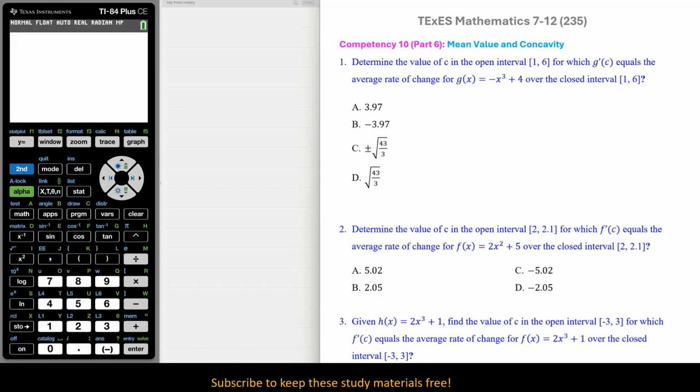Okay, here's the thing. This is in regards to this type of question. This screams mean value theorem. Well, what's really happening with the mean value theorem? What you need to do is get the slope of the interval.